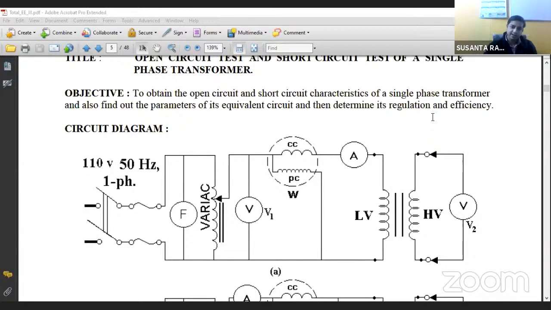So magnetizing reactance and core loss component of resistance: XM, magnetizing reactance, and RC, the core loss resistance. These two are the parameters which we determine from this open circuit test.